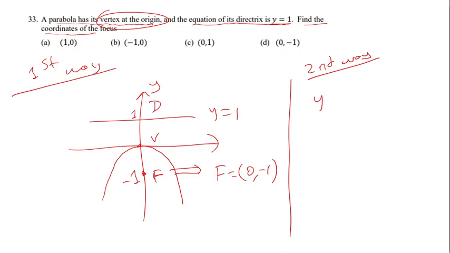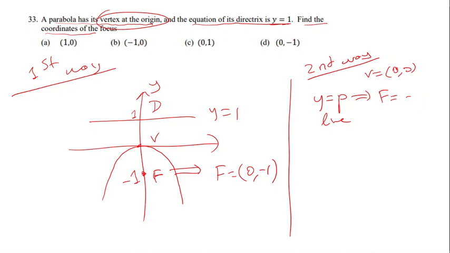The second way is, if the vertex is at (0, 0), then for a parabola, if the directrix is the line y equal to p, then the focus is at (0, minus p).